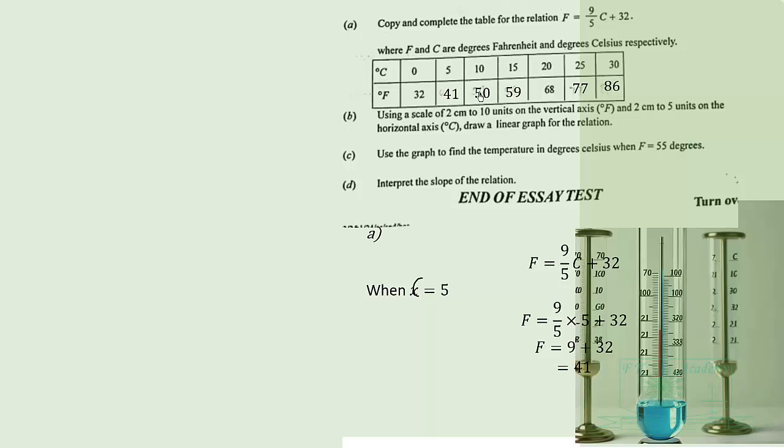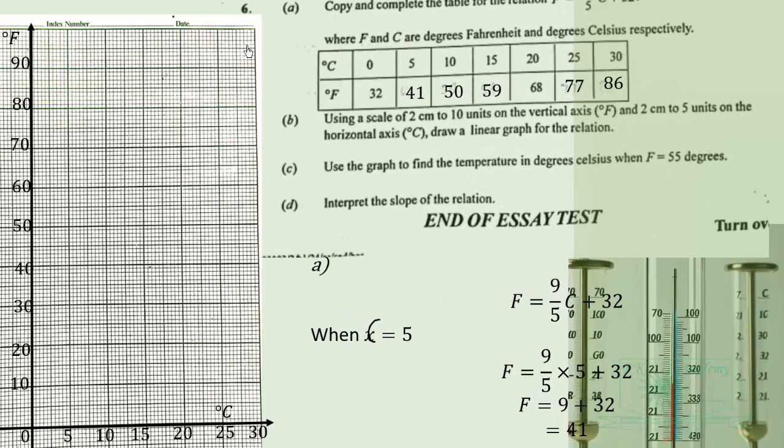Now let's tackle the B part of the question. So you have this thing, as you can see here, the graph. This is the horizontal axis where we have the Celsius. Then we have the Fahrenheit on the vertical axis, and the scale that was given is 2 centimeters to 10 units on the vertical axis and 2 centimeters to 5 units on the horizontal axis.